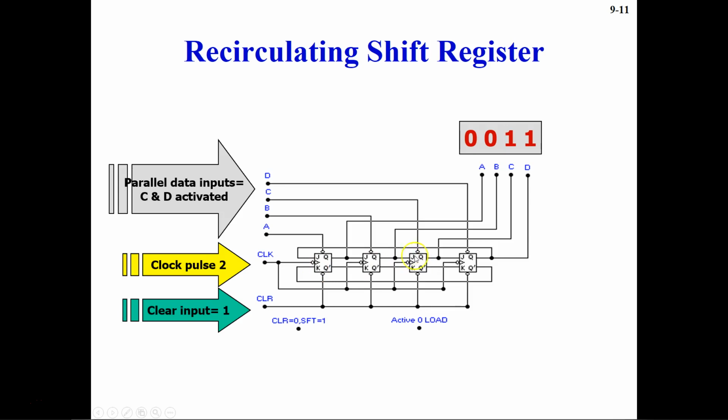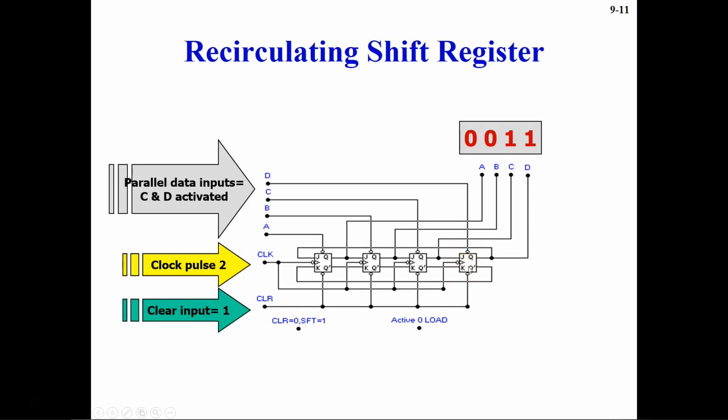Then this Q, which is 1, is going into this J, and Q bar is opposite of Q, so this is going to be 0, so 0 going into this K terminal. So for this D flip-flop, J is equal to 1 and K is equal to 0.